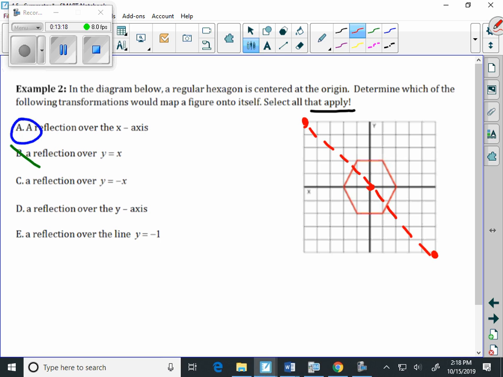And the same thing happens here. If we count from, say, this point, we go 1, 2, 3 up to that dotted red line. Then to get onto the other side of that red line, we're going to have to go 1, 2, 3 over here. And that point's not even on the figure. So C is also not a choice.